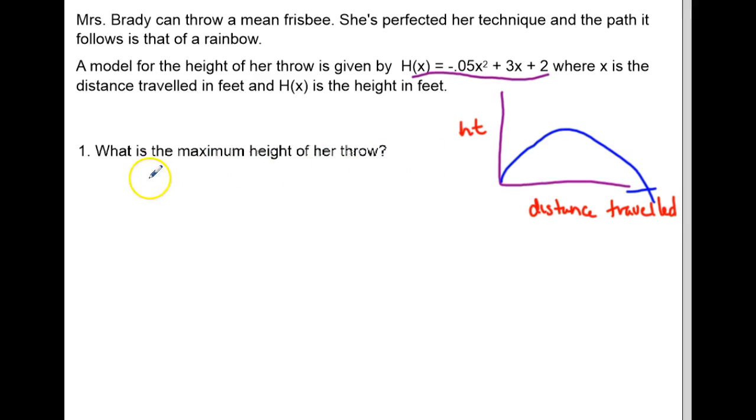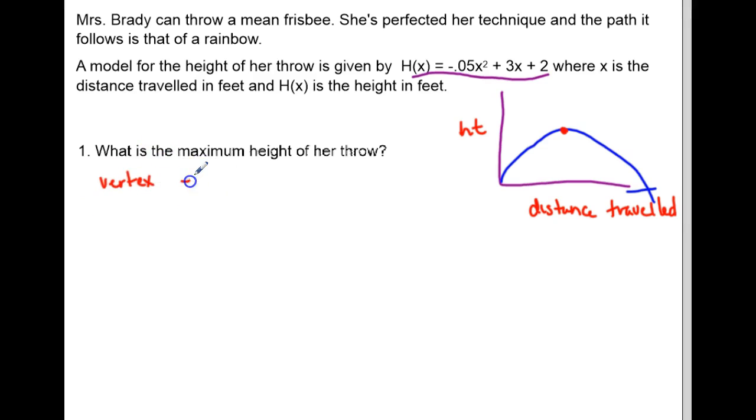So we're going to do the same thing. What is the maximum height of my throw? So I'm going to use the graphing calculator to calculate this, okay? Actually, I'm not. I'm going to do this the old school way. So the maximum height is going to be, when I'm looking for a maximum, I'm looking for the vertex.